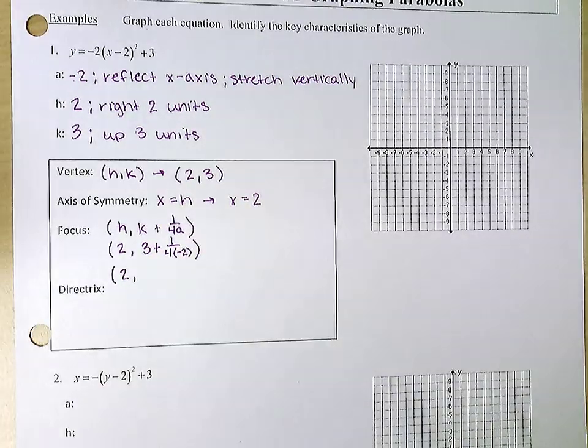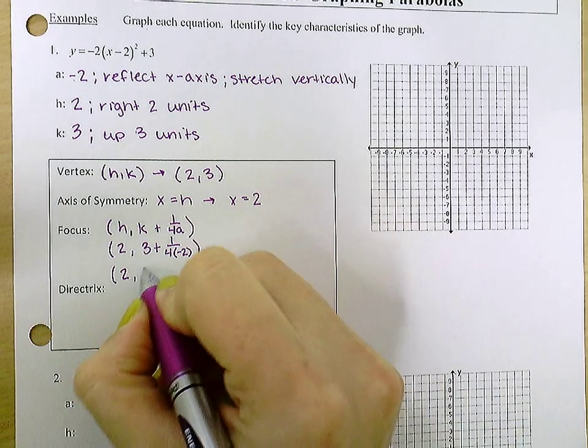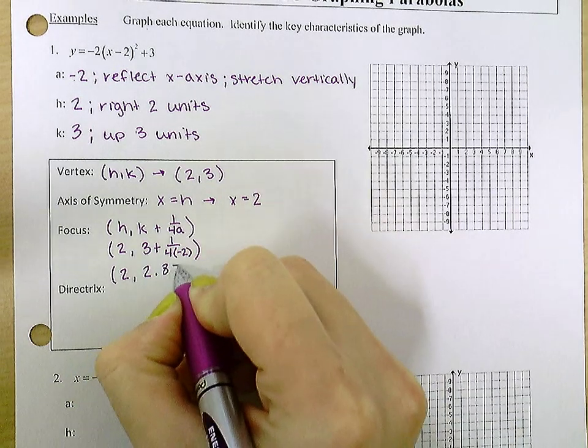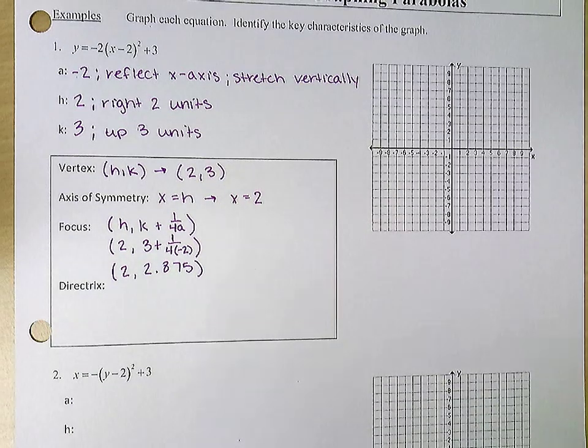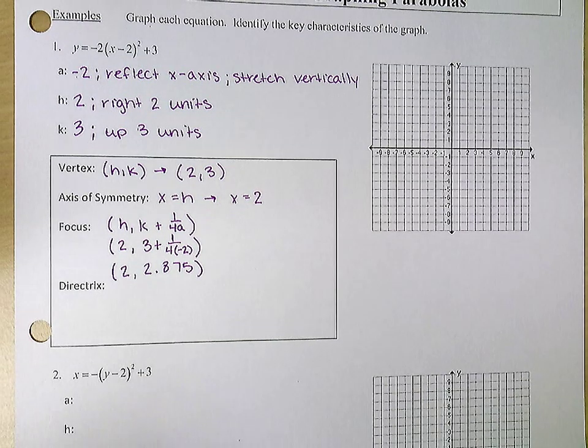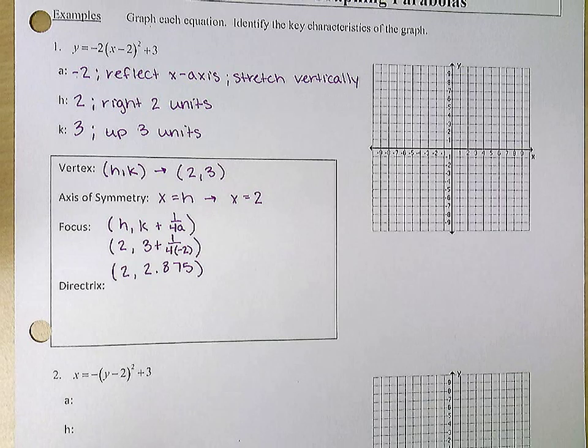So my focus point is at 2.875. You can just enter that into your calculator: 3 plus 1 over -8.